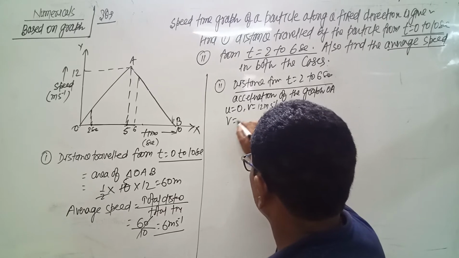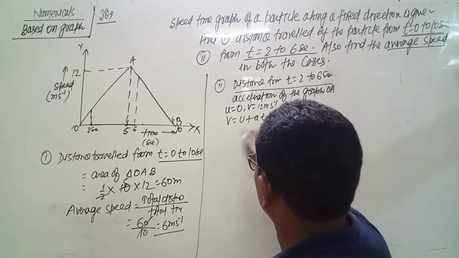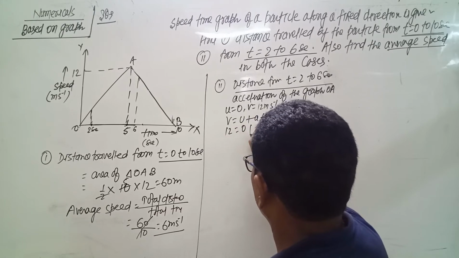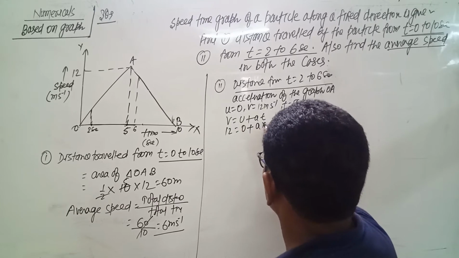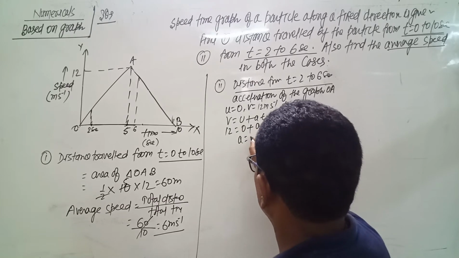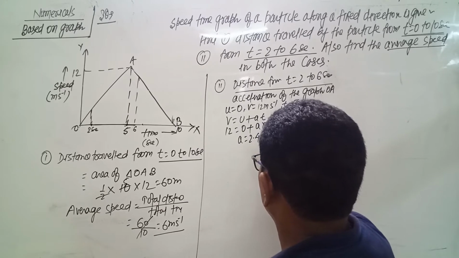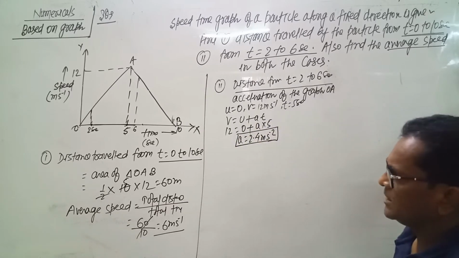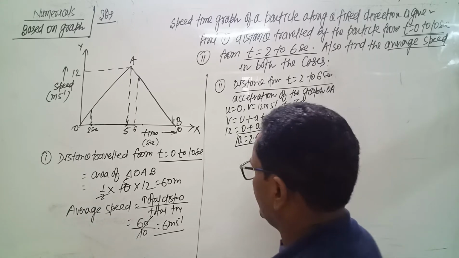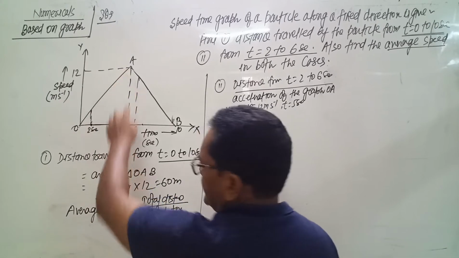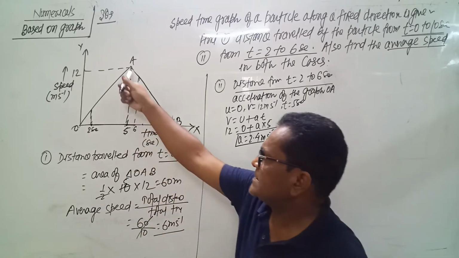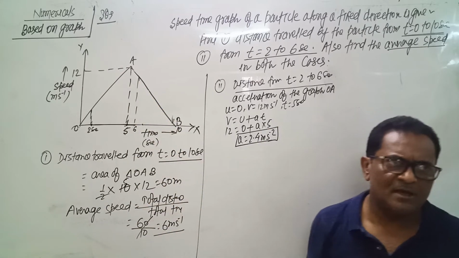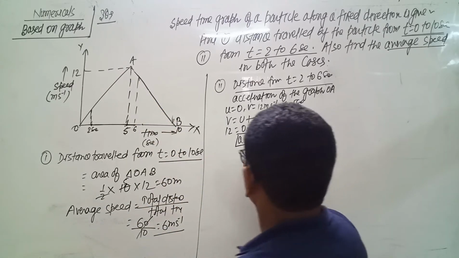Use the formula v equals u plus at, 12 equals 0 plus a into 5, and a comes to be 2.4 meter per second square. This is the acceleration during the graph OA. Now this is accelerated motion. Now we will find the acceleration during the graph AB, which is decelerated motion.